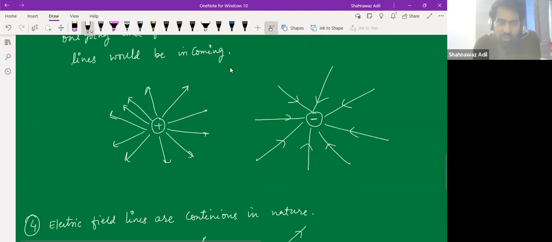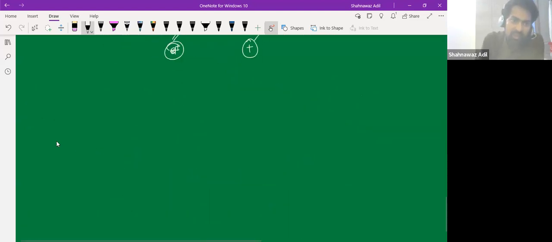So this is the fourth property. I will write the fifth and sixth one also. The fifth one is about longitudinal contraction.